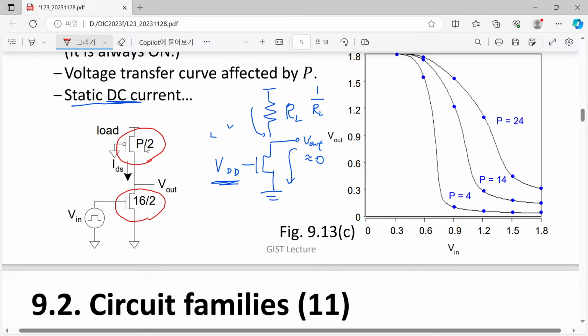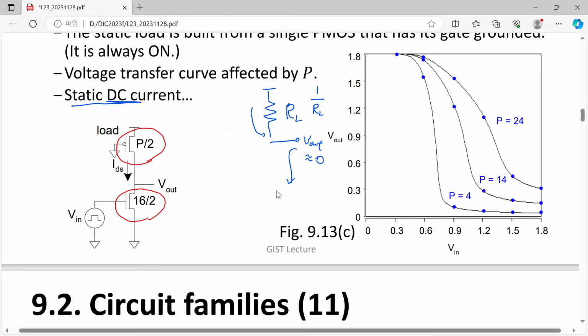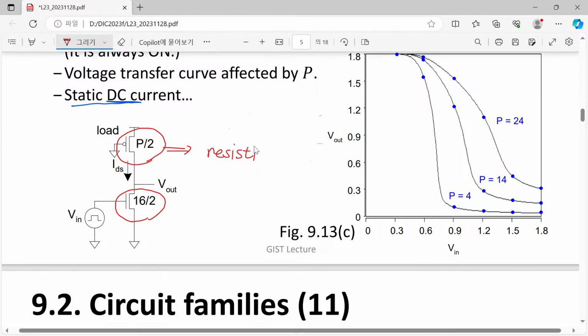It is actually built on CMOS technology, where both NMOSFETs and PMOSFETs are used. However, in this case, the PMOSFET is no longer used as an active transistor. It is used as just a resistive load.